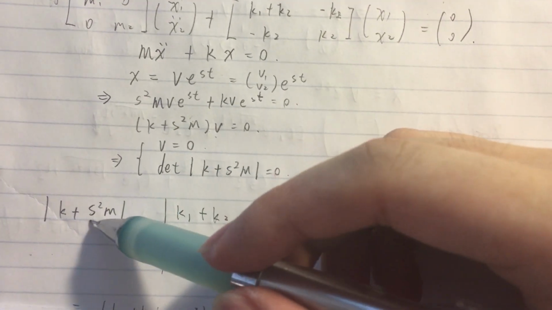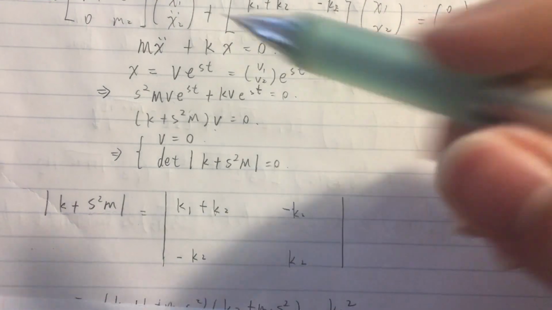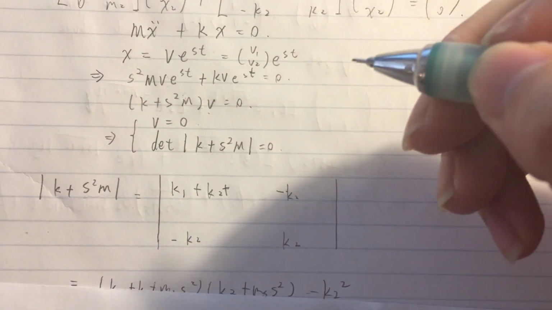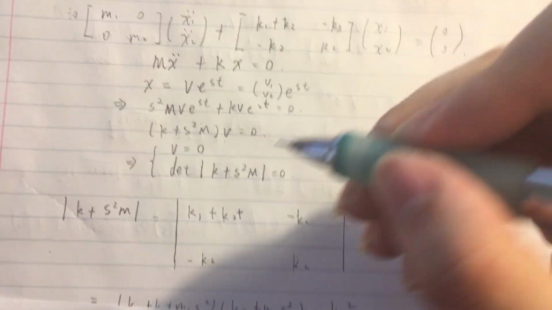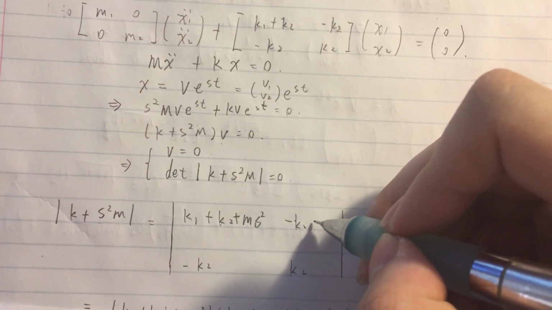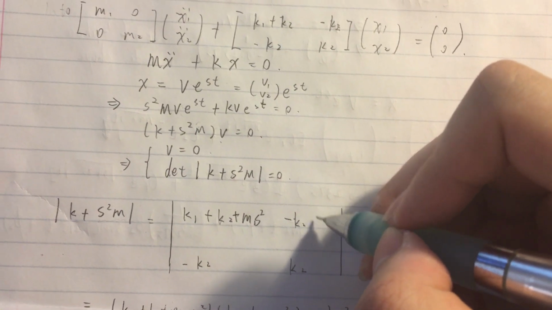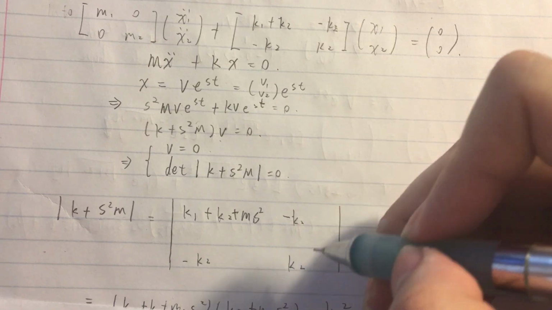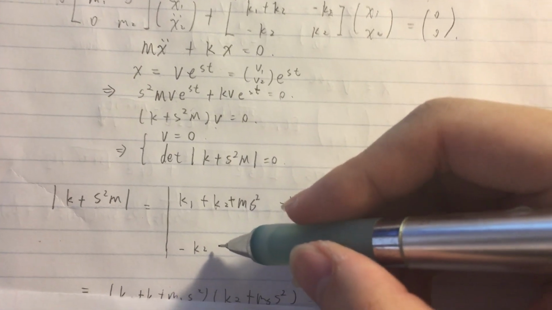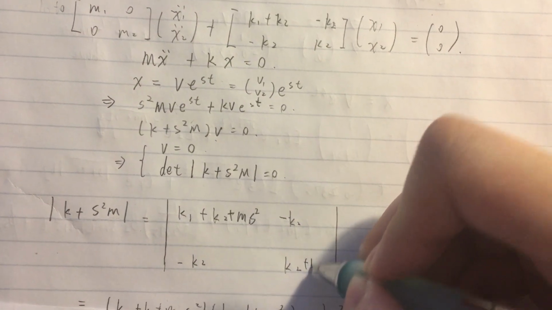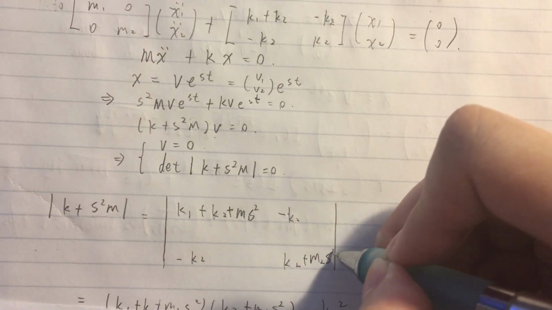Then we write s squared M: we add m1 s squared, the entries at the off-diagonal positions are 0 so we don't need to write anything, and then m2 s squared.